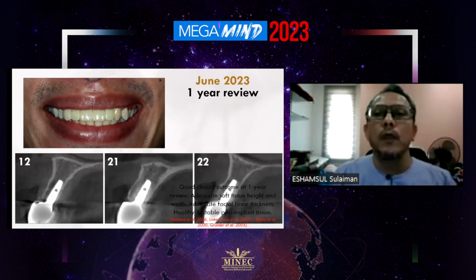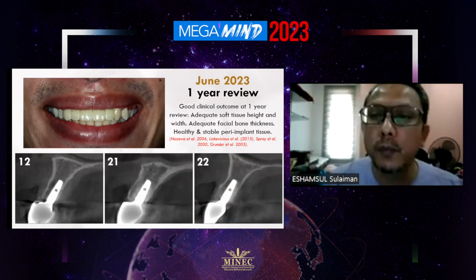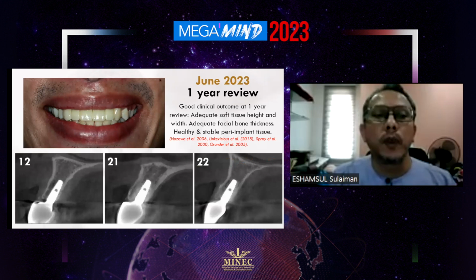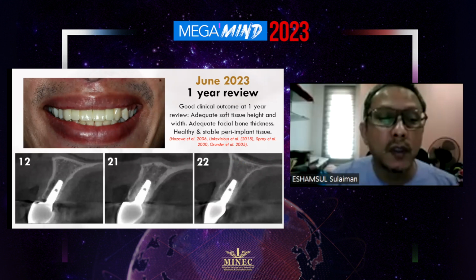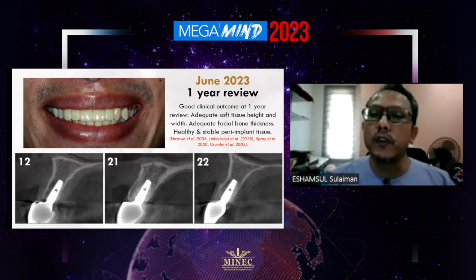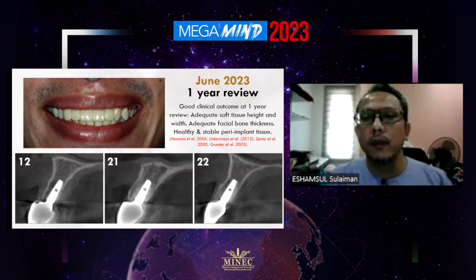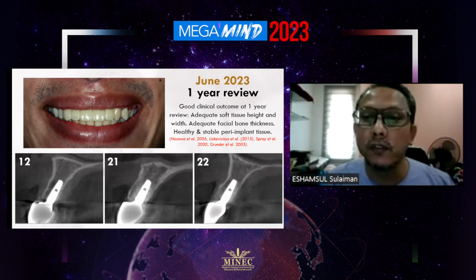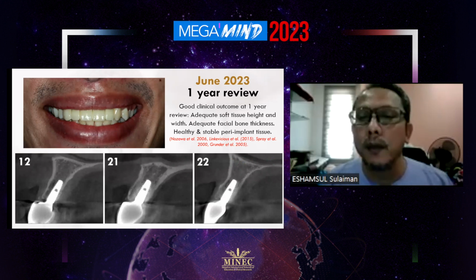And here, recently I managed to bring the patient for 1 year review, where the CBCT was taken. So you can see the sagittal view of the CBCT at all the 3 implants, which shows the adequate thickness of the facial bone. So together with the adequate soft tissue height and width, I would say the outcome at 1 year review is extremely promising.